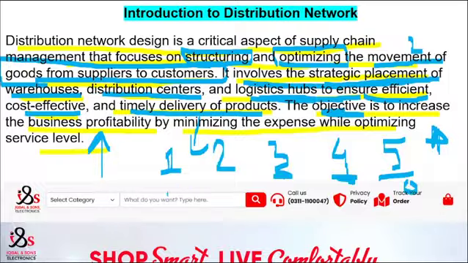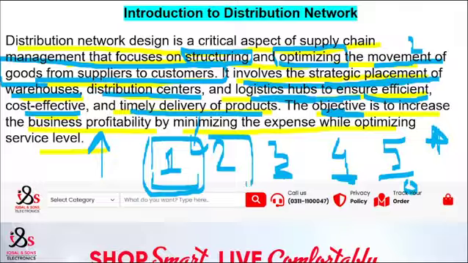So we have divided this definition into five parts. First, talking about the structure. It's a critical part of supply chain that focuses on the structure. Second part says about the movement of goods from supplier to the customers.